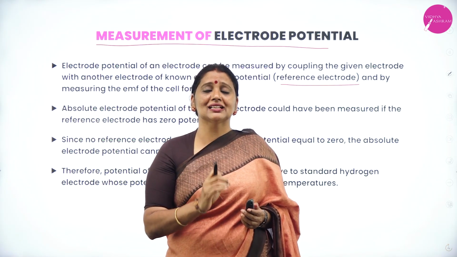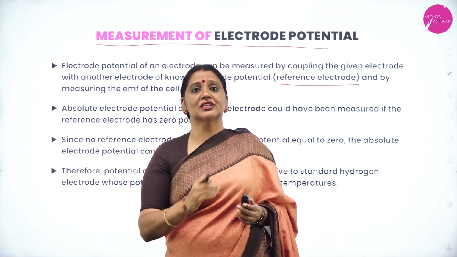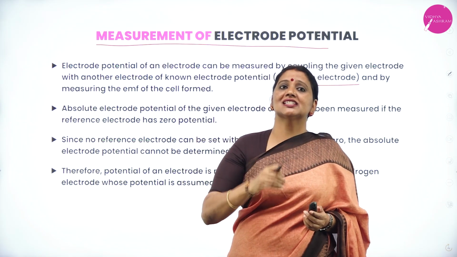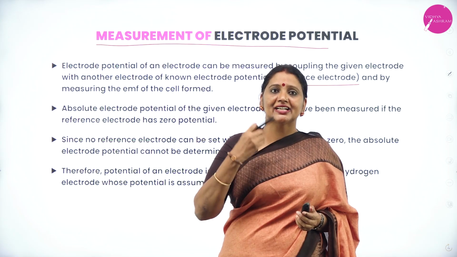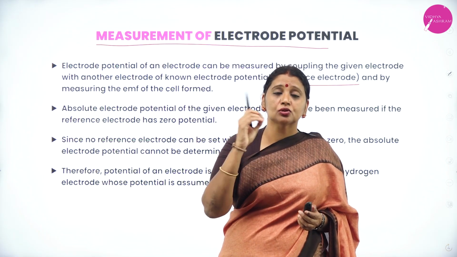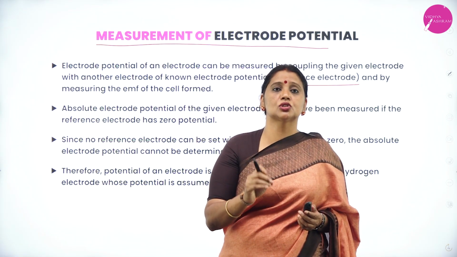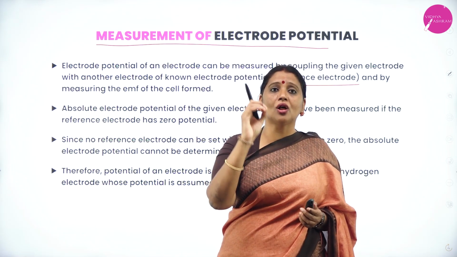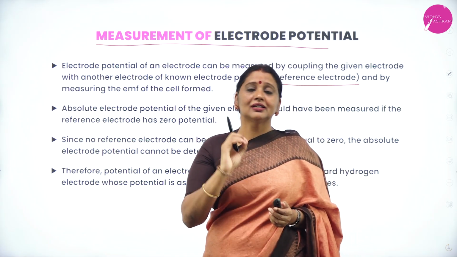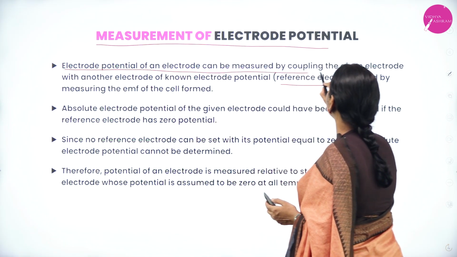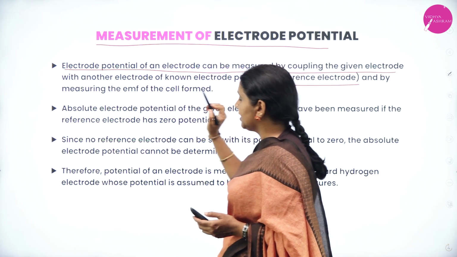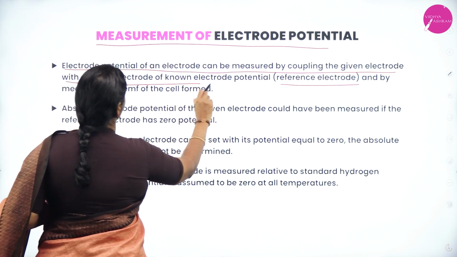Therefore, to measure electrode potential of any other electrode, the reference electrode is standard hydrogen electrode whose electrode potential value is considered to be 0 at all temperatures.